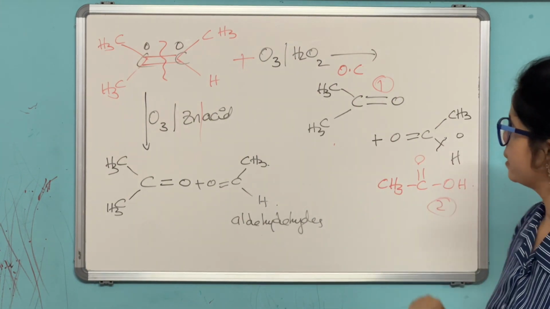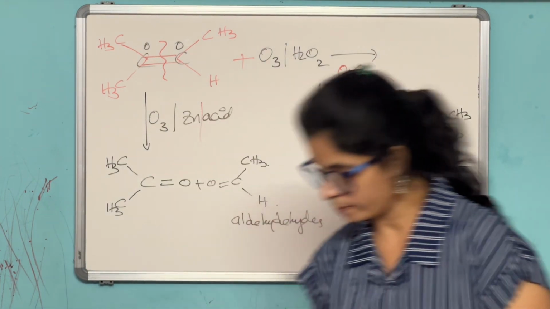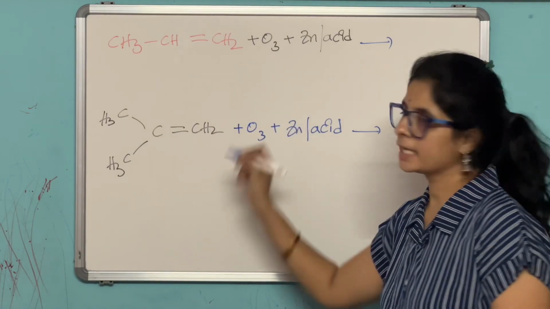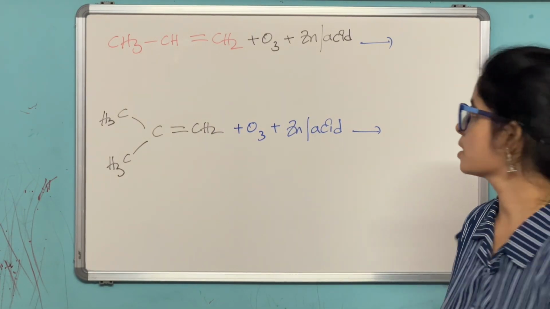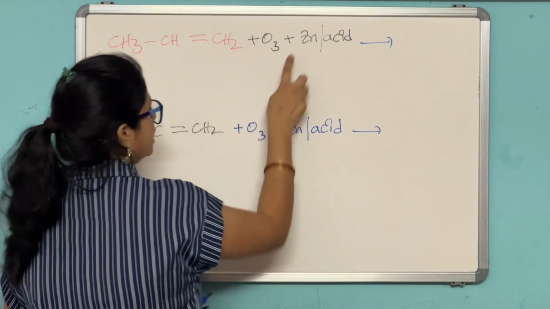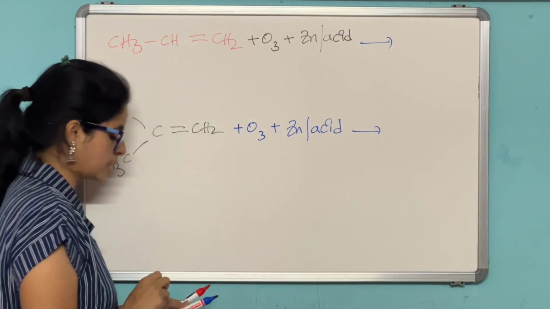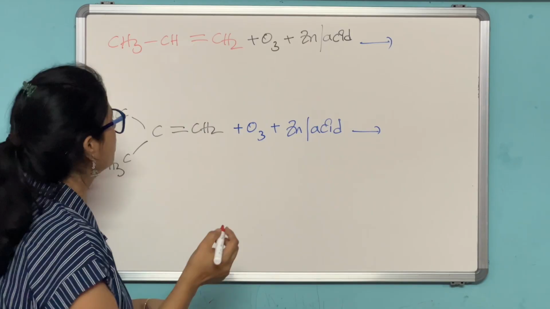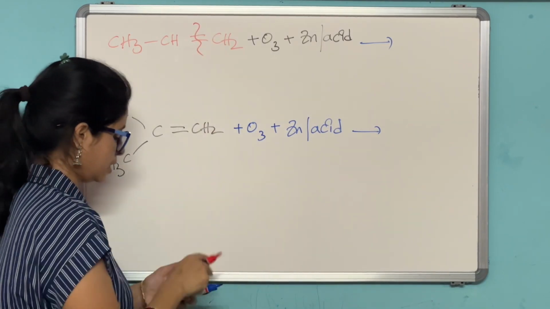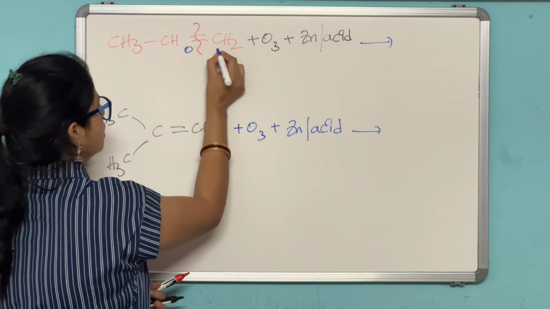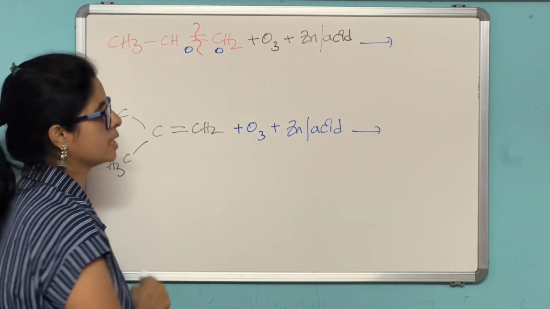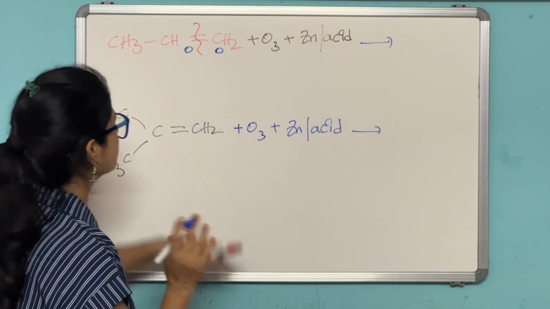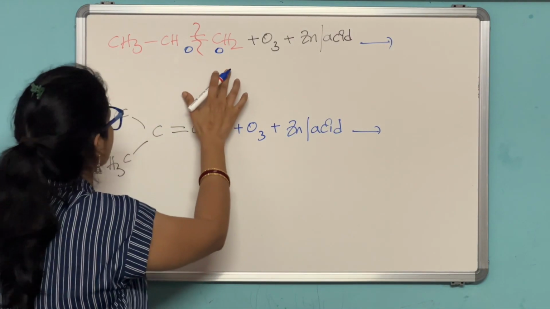Okay, I'll take another example so that it will be more clear to you. Write down the products in these two cases. Here ozone, it is a reductive ozonolysis, zinc along with acid. If this bond breaks, with oxygen here, it is a reductive cleavage, so 2 molecules of aldehyde.